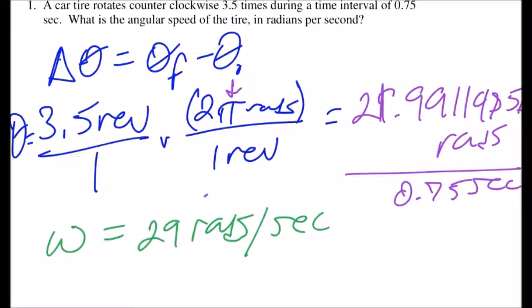Now I want you to convert that to revolutions per minute. When you have it, raise your hand. Should you use your rounded number of radians? Revolutions per what? Per minute. I want it again in RPMs.